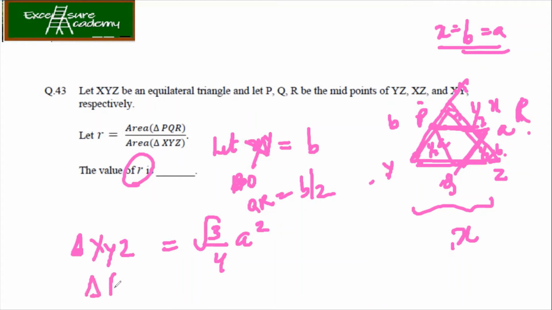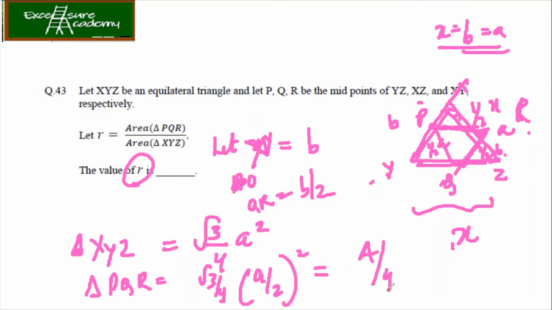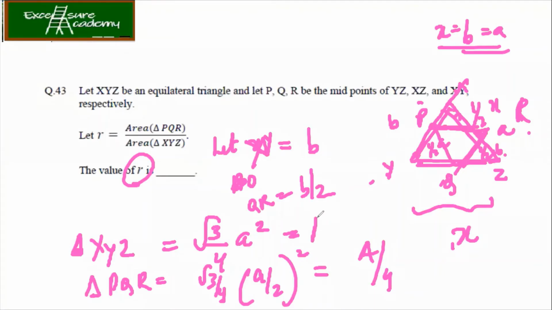Now triangle PQR is going to be root 3 by 4 into A by 2 whole square. That becomes your A by 4. Correct? If we say that this is capital A, then this becomes A by 4.